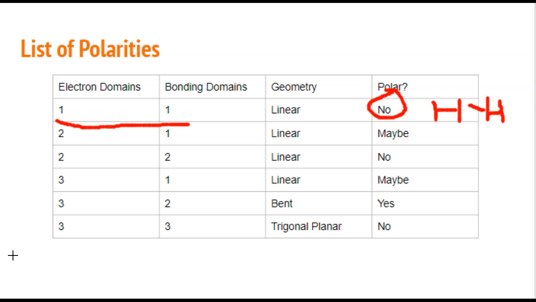But we can look at other things like 2 and 1, 2 and 2, 3 and 1, 3 and 2, 3 and 3. So you can see the structures throughout here, whether they are polar, yes, for 3 and 2, or not polar, 3 and 3, 2 and 2.